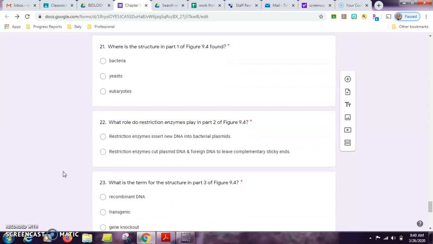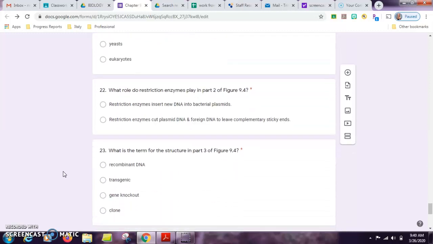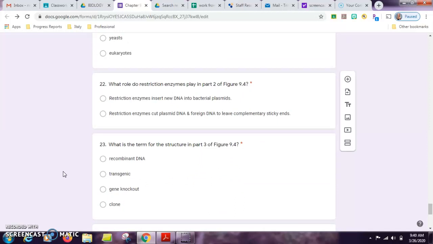Again, for number 22, you will use figure 9.4. 22 says, what role do restriction enzymes play in part 2 of figure 9.4? Restriction enzymes insert new DNA into bacterial plasmids. Restriction enzymes cut plasmid DNA and foreign DNA to leave complementary sticky ends.